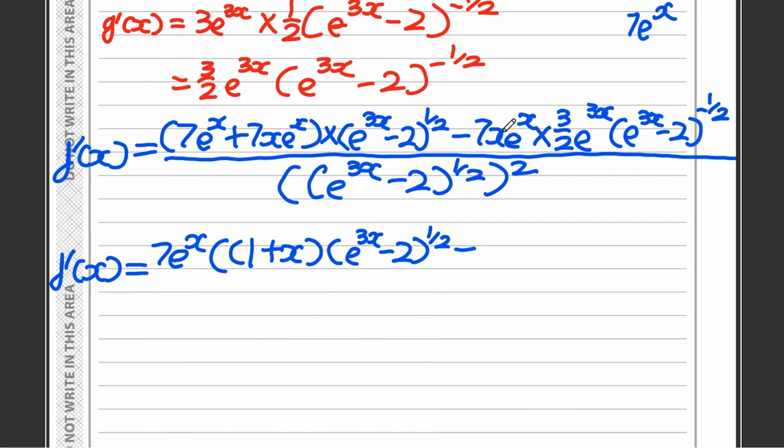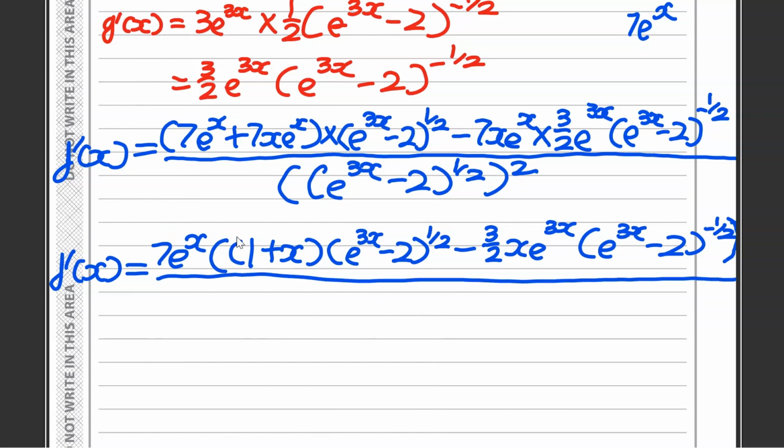If we factor this out, we're just going to be left with x multiplied by this 3 over 2 e to the power of 3x. So this is going to be 3 over 2 x e to the power of 3x, then e to the power of 3x minus 2 to the power of minus a half, and then we have a bracket at the end here as well, because all of this is multiplied by 7e to the power of x, and all of this is over the denominator, e to the power of 3x minus 2 to the power of a half, to the power of 2. So this power of a half will cancel out with this power of 2 to just leave us with e to the power of 3x minus 2. So we factored out the 7e to the power of x.